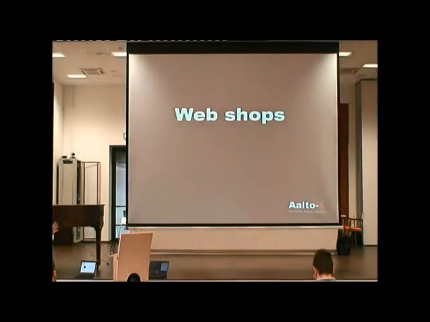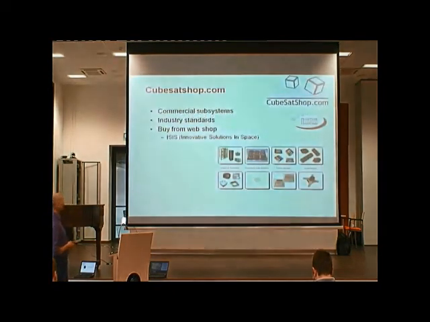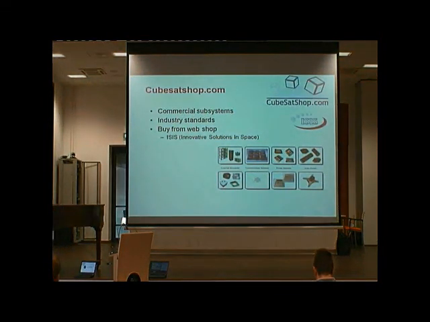Because there are these kinds of standards which are becoming more and more popular, you can create web shops. And I think there might be even 10 of those web shops, small companies selling CubeSat stuff. So if there has been a satellite on orbit, you can sell, for example, its radio designs, its onboard computers, sensors, antennas, and so on and so on.